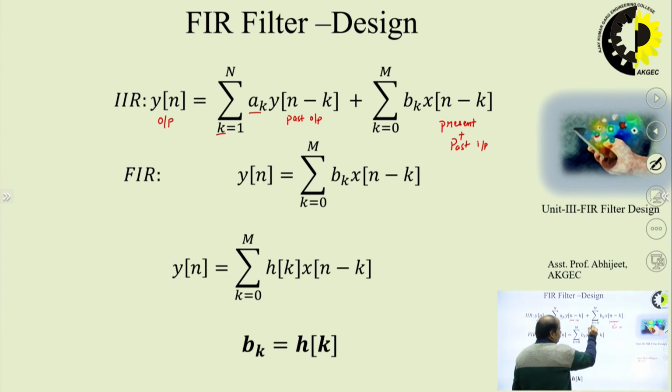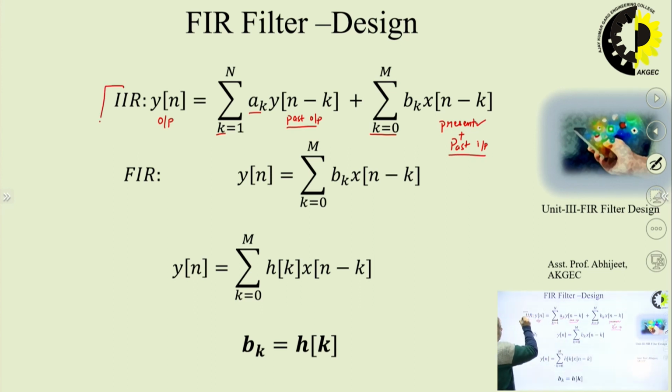As the summation starts from k equal to 0, x of n is also there, therefore the present input is also there, and past inputs x of n minus k. So if y of n depends on past outputs and present and past inputs, then the system is said to be an IIR system.